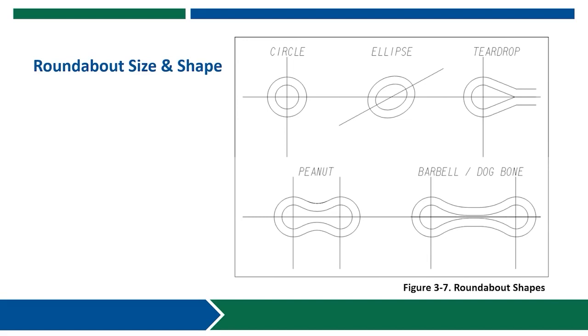Peanut roundabouts are typically applicable at too closely spaced intersections that cannot have regular circles without overlapping. They can also be used at extremely skewed intersections or where right-of-way is constrained. A barbell or dog bone are other names for an elongated peanut that is spaced further apart than a peanut-shaped roundabout.